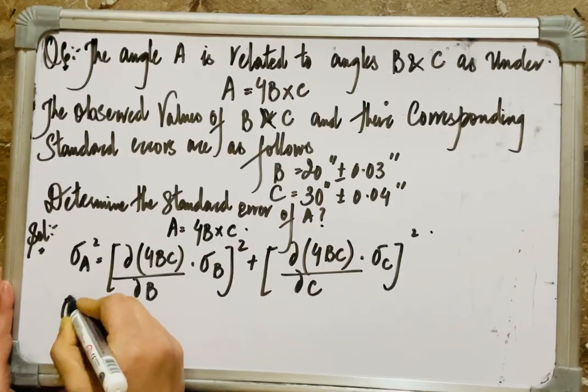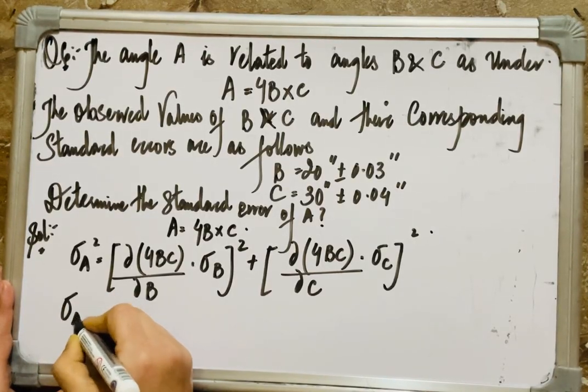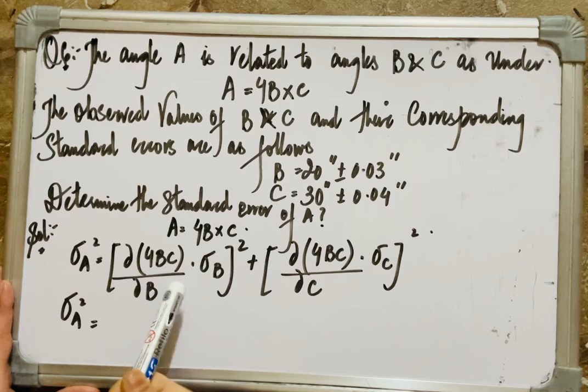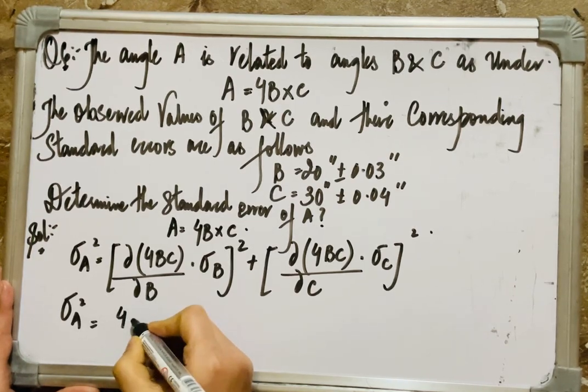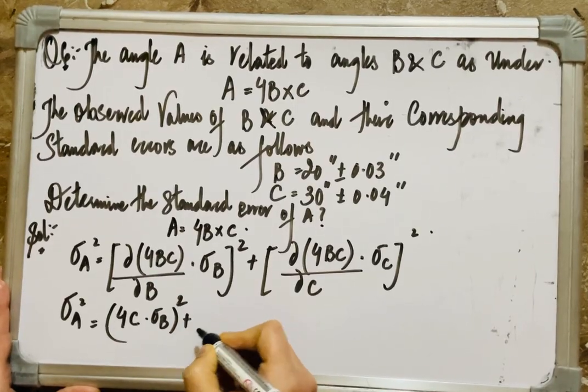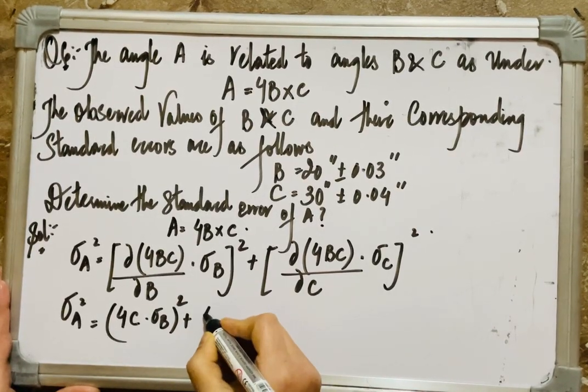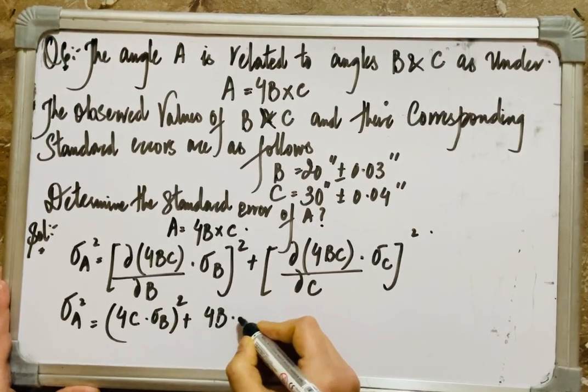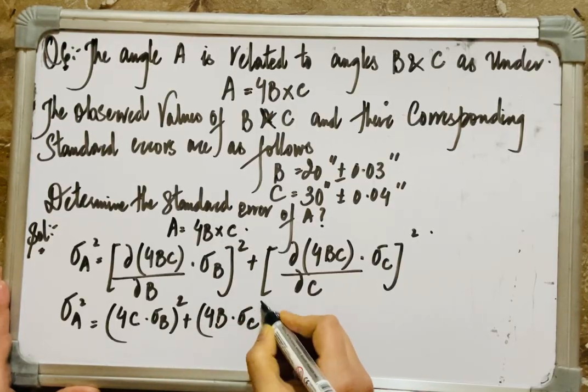By calculation, sigma A squared is how much? Here it will be 4C sigma B, squared, and here it will be 4B sigma C, squared.